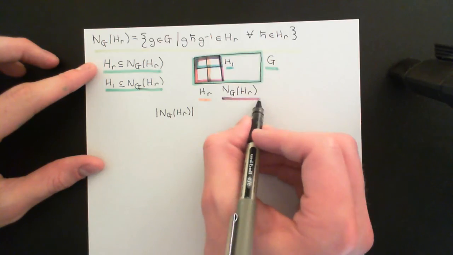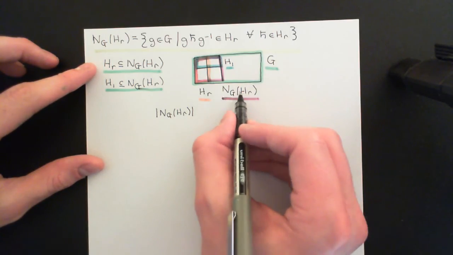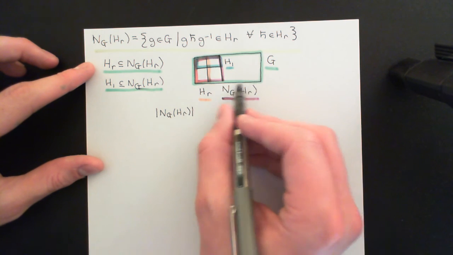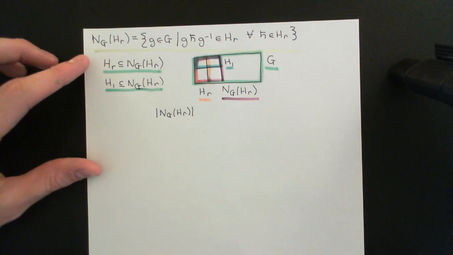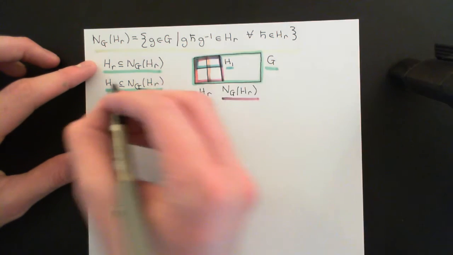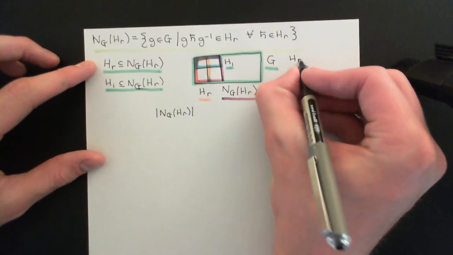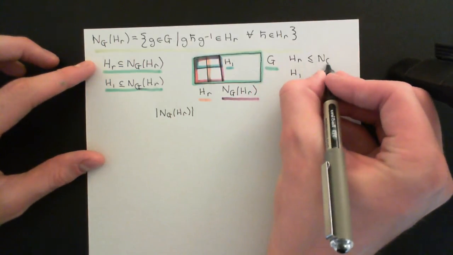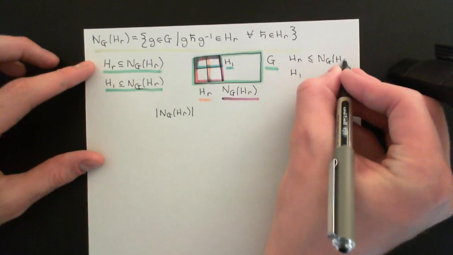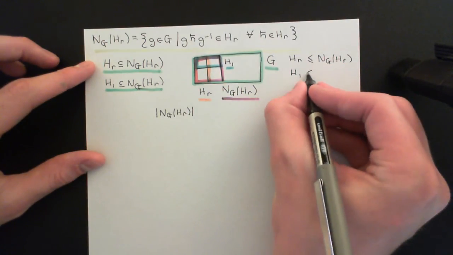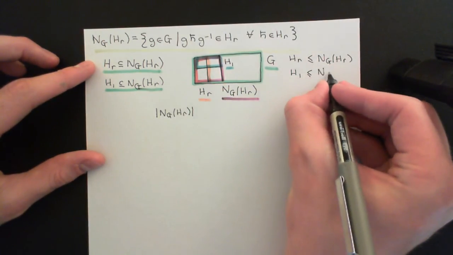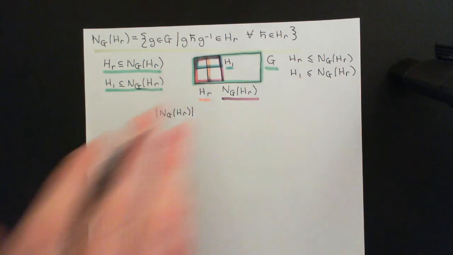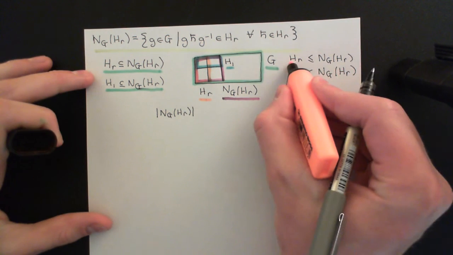Now the normalizer of HR in G, the normalizer of any subset in a group G, is always a subgroup. That's something we prove in the video on centralizers and normalizers. So that means that HR and H1 are both subgroups of the normalizer of HR in G. Okay, so we can change these into stronger conditions: they are subgroups of the normalizer of HR in G. Again, the picture captures that fact.